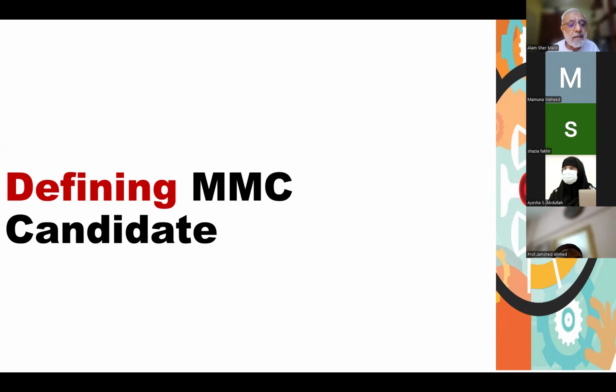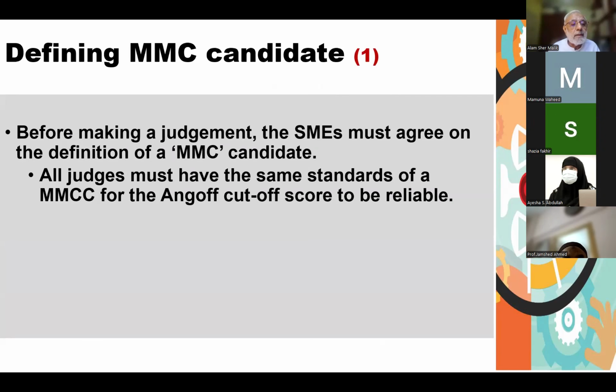which I said is the most important component of standard setting approaches: defining a minimally competent candidate, because that can change the whole spectrum. So how to identify a minimally competent candidate? Before making the judgment, the SMEs must agree on the definition of a minimally competent candidate.